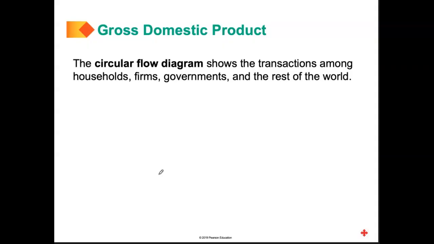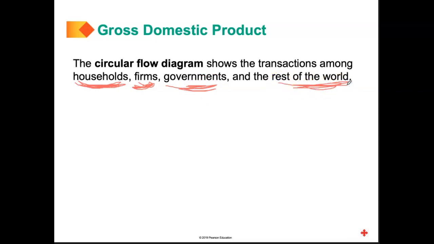Okay, right. So the circular flow diagram basically shows us bits and pieces, or snapshots, of the economy. So we have households, who are basically consumers, people like you and me, firms, governments, and essentially the rest of the world.